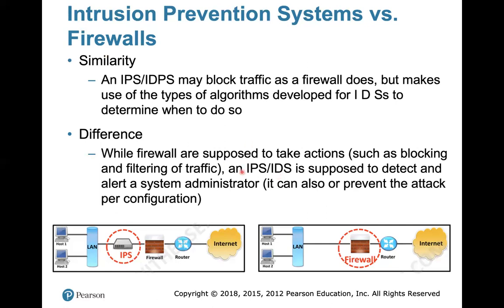In firewall, there are always reactions. In IPS, it is something in between, and it depends on whether the administrator has previously allowed the IPS or not. So the IPS may take some reaction or may not, but it always alerts the administrator. So this is the major difference between the IPS, IDS, and firewall.